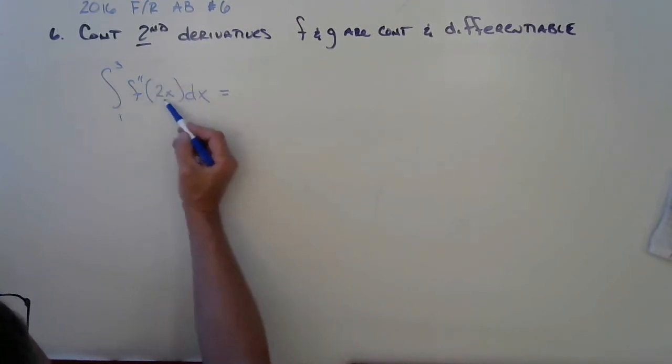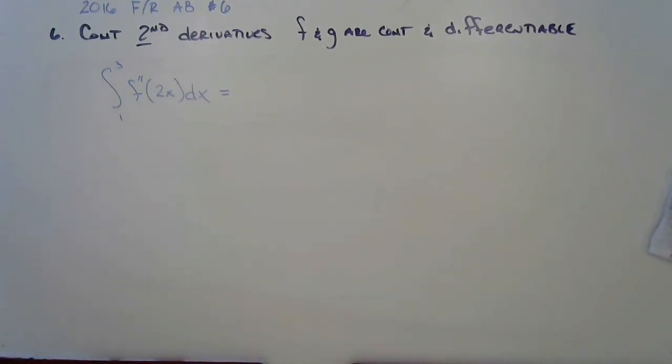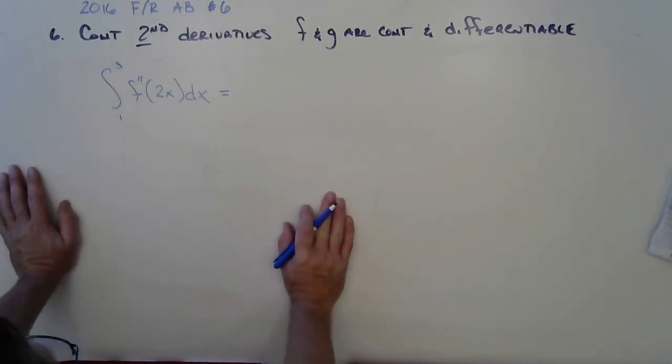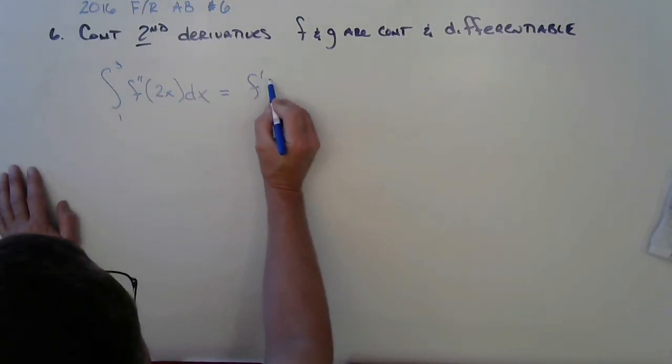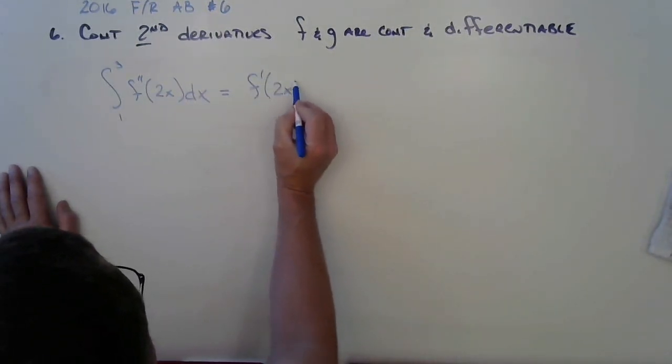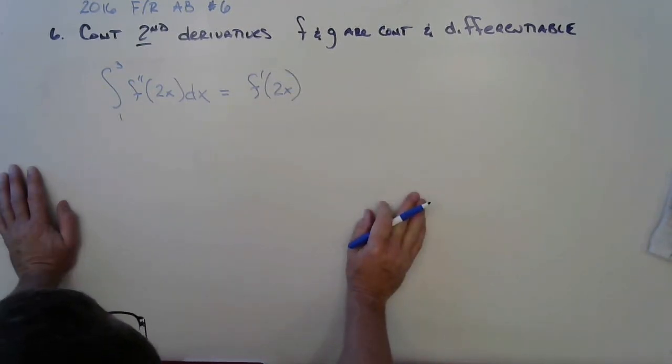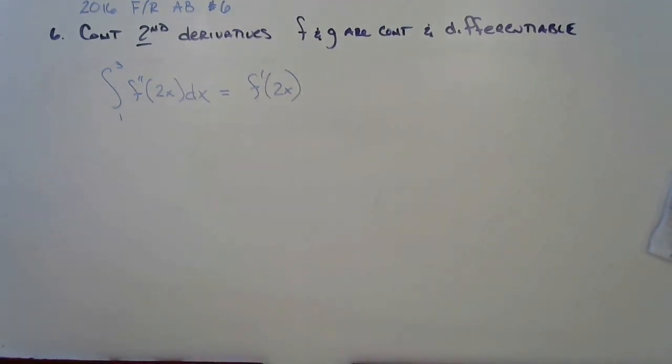And this, right, if I integrate this, what do I get? Well, if I integrate f double prime, I get f prime. Right? Don't I get f prime? That's what happens, yes.